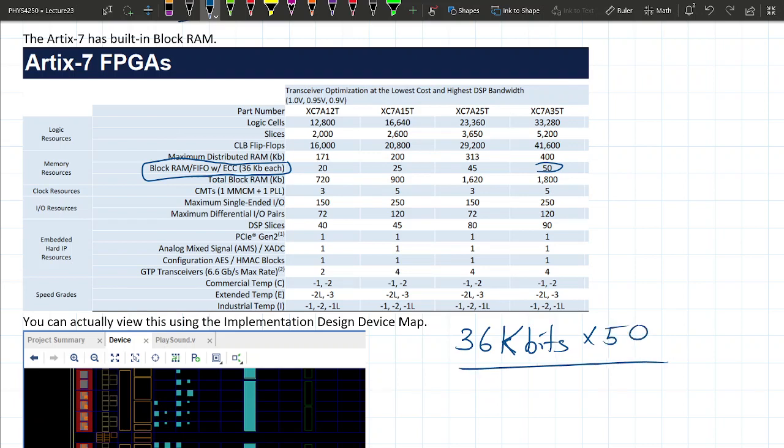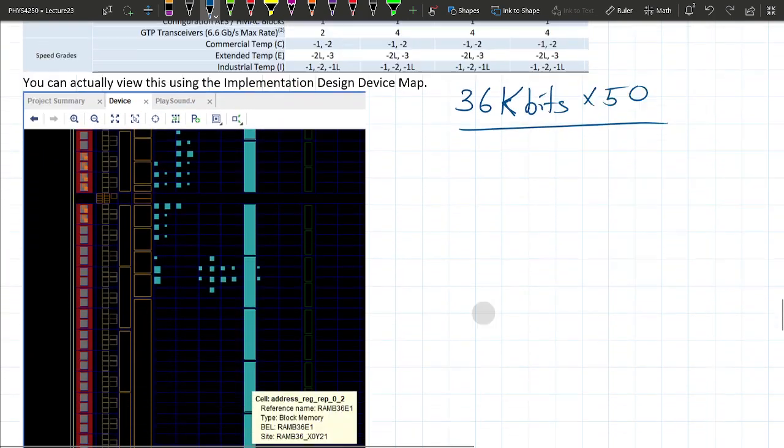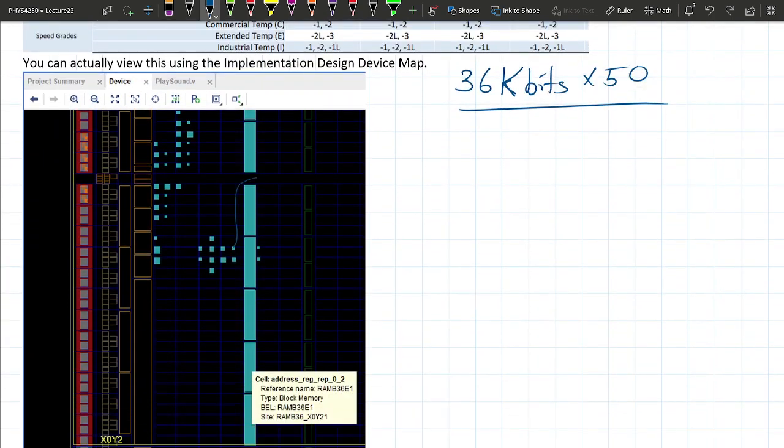In fact, when you do this lab, you're going to start seeing that when you program the FPGA with all these block RAMs, it takes up a lot of space inside the FPGA. There are a lot of wires being connected inside, and the majority of the implementation time is spent connecting all those wires together.